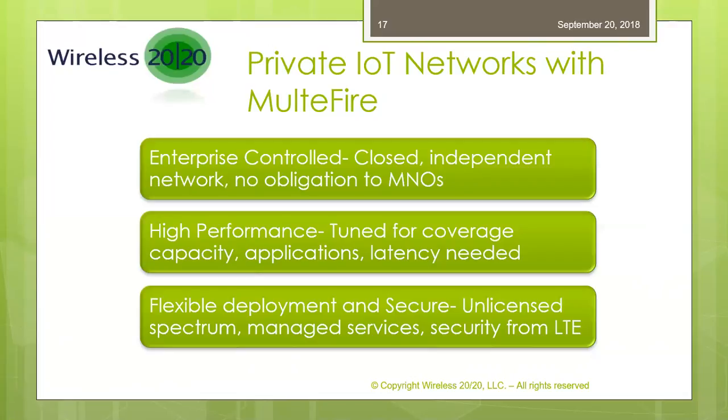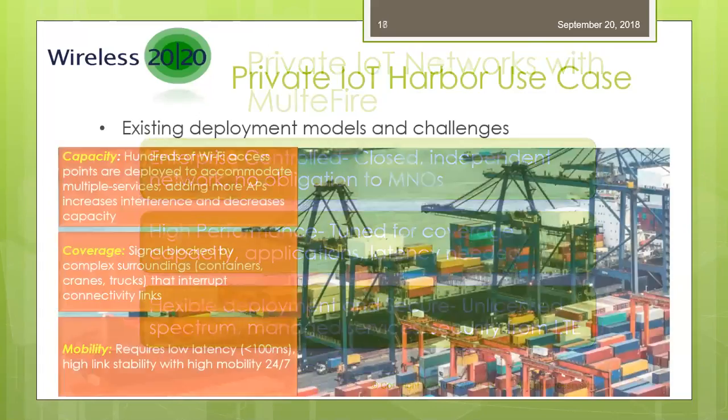And it's also flexible deployment and secured. So number one, it's unlicensed spectrum, inherent already in the LTE technology, and furthered in MulteFire is the capability to have managed services and security already built into the network. So all very important issues.